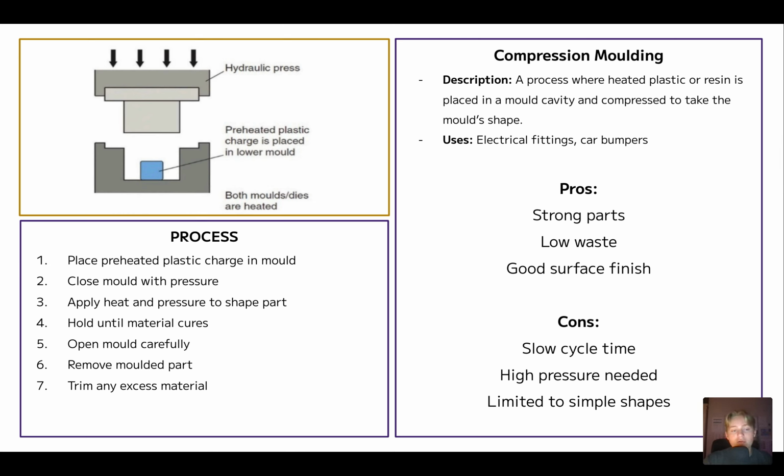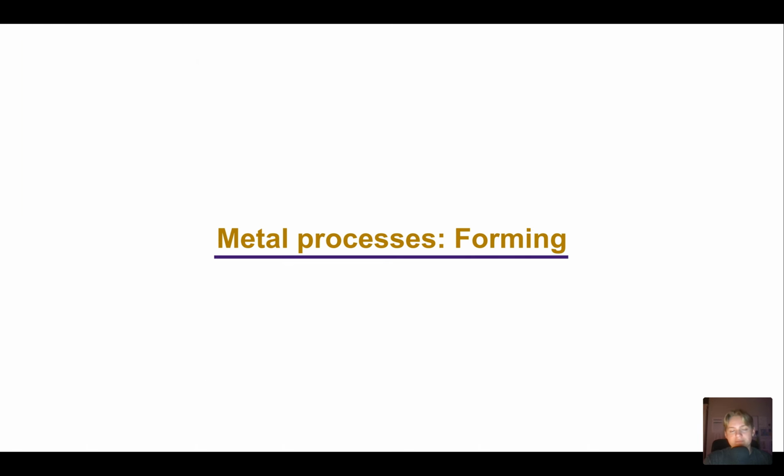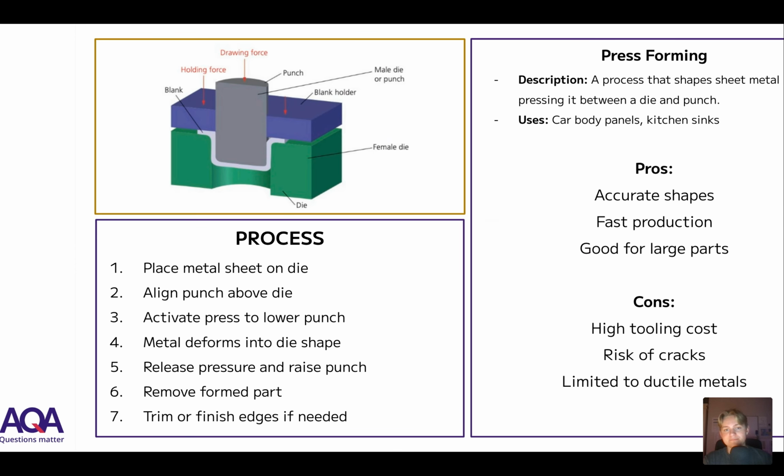Then you'd open the mold and remove the molded part. And then if there is any excess material that's gone around the molded press, then you would cut that off.